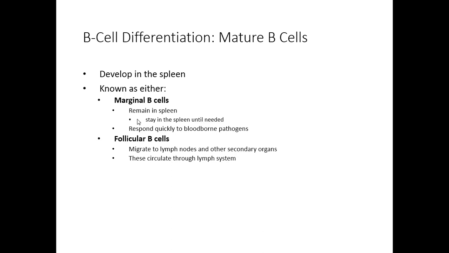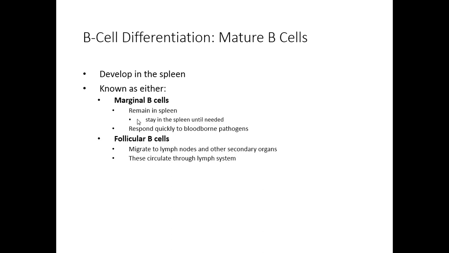The next are the ones that leave the bone marrow and go out to some of the other secondary lymphatic system organs: gut-associated tissues, things like Peyer's patches, and I call it the not-so-useless appendix.